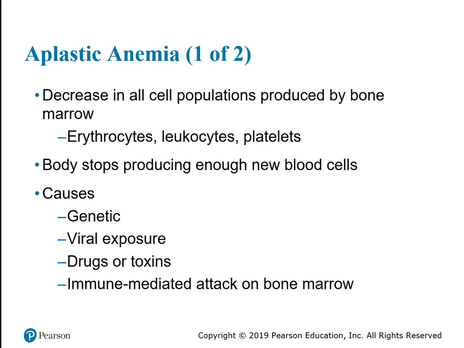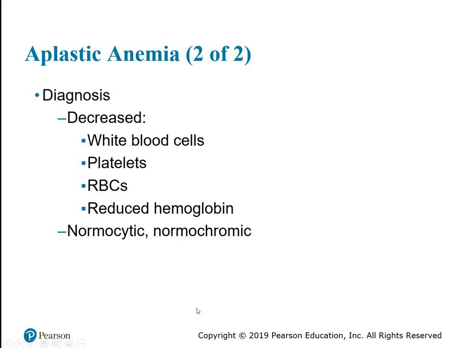In your bone marrow, your body throughout life keeps producing new red blood cells. If that stops happening, it's a really, really big problem. There are various causes: genetic predisposition, but maybe some sort of viral exposure, or some sort of drug or toxin that might trigger this.